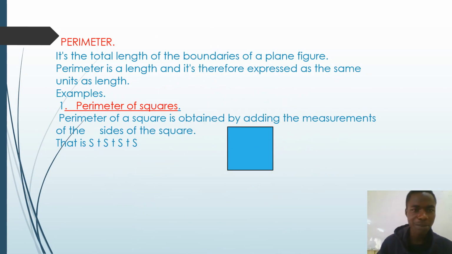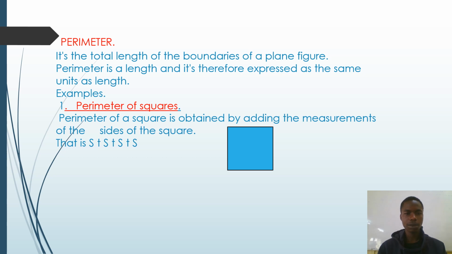So we are going to talk about perimeter. We all know that perimeter is the total length of the boundaries of a plane figure. Perimeter is a length and it's therefore expressed in the same unit as length, that is in meters or centimeters, depending on the units that you're given.